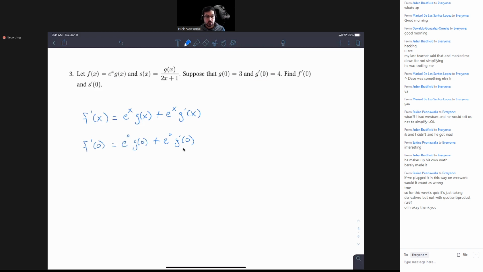Okay. I know what e to the 0 is, right? If I take a number and I raise it to the 0 power, I get 1. I know what g of 0 is because they told us. It's 3. E to the 0 is 1. And g prime of 0 I also know because they told us.